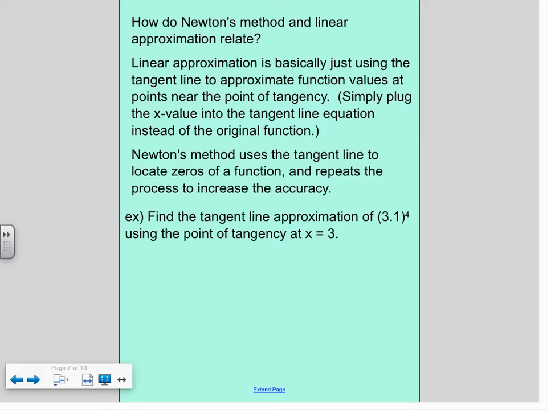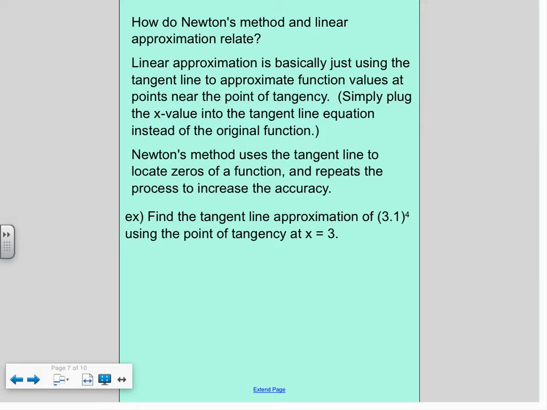So the difference between the two, I wanted to show you an example of just a regular tangent line approximation, because on the AP exam you'll see this a lot. It'll say, find the equation of the tangent line and use it to approximate such and such. So here, we're going to find the tangent line approximation of 3.1 to the 4th using a point of tangency of x equals 3.